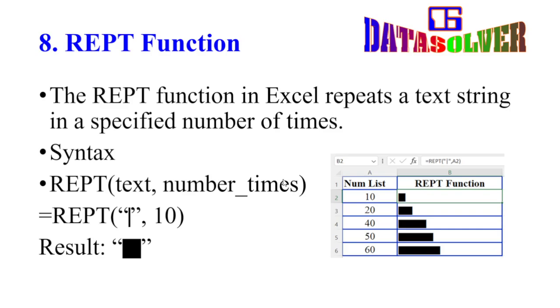So what we did here is to have a combination of multiple values in A2 to A6. In A2 we have 10, so the REPT function repeats this line 10 times, and in A6 you repeat it 60 times.